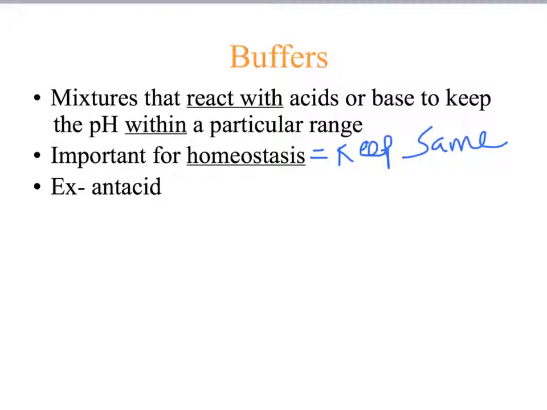So a buffer is a mixture that reacts with the acid or base to keep the pH within normal range. It's like, if you've got a really, really strong acid, let's say you've got an acidity of 2 somewhere in your body, well, then let's mix it with something that has a pH of like 8 or 9.